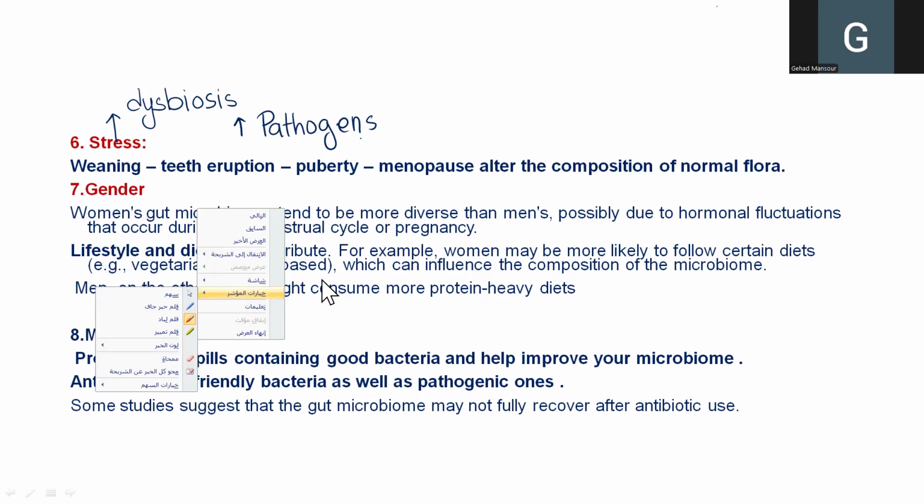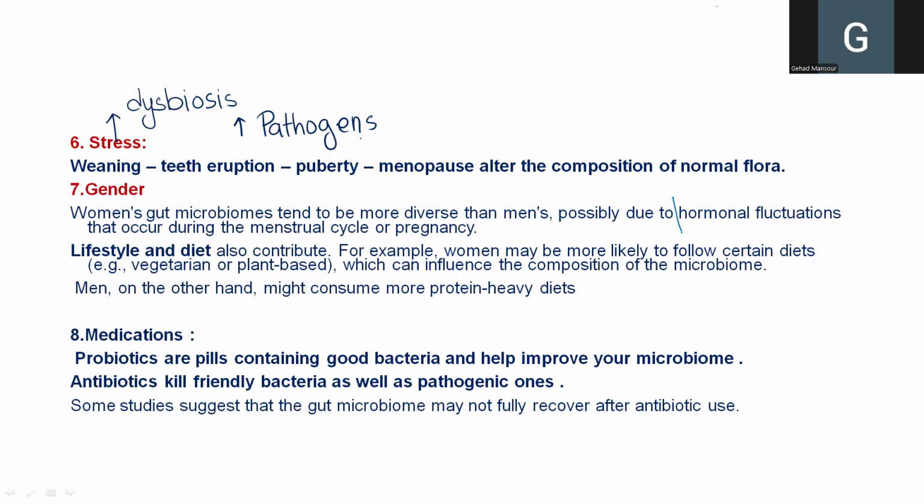The first factor that helps diversification of the friendly flora in females is the fluctuation in the hormones that occurs during the menstrual cycle, and as well as when there is cessation of menstruation after the menopause, as well as pregnancy. So we have three major events in the life of the female that cause fluctuations in hormones.